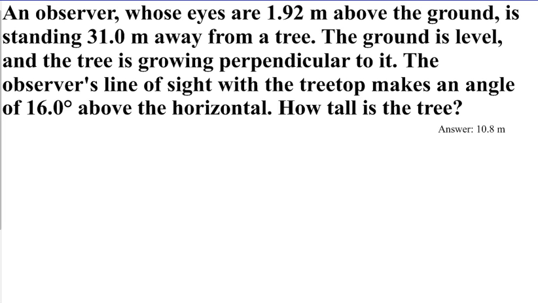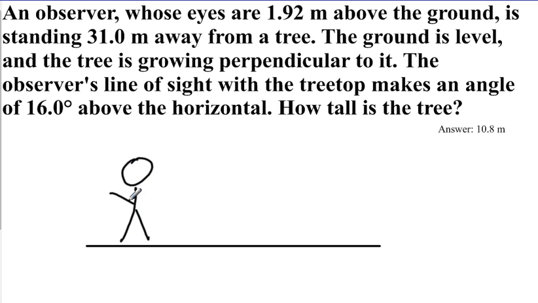So let's do a quick drawing so you can see what this looks like. So let's say that this is our ground, and let's say you are over here, and your eyes are here. Now, what we are told is the distance from your eyes to the ground is 1.92 meters. And you are looking at a tree.